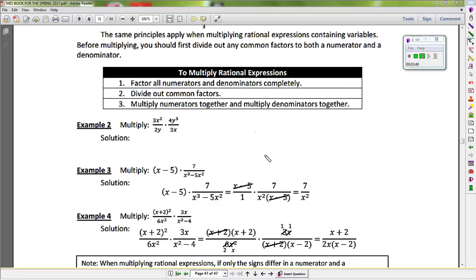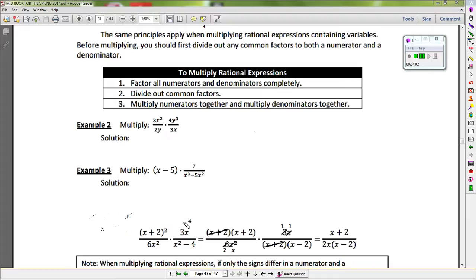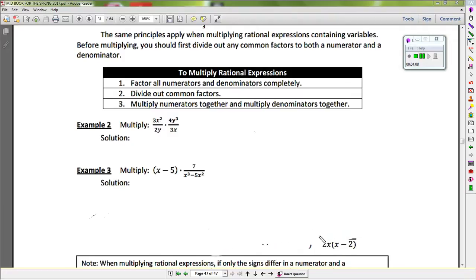So go ahead and write down the steps. There are three steps that I want you to pay attention to.